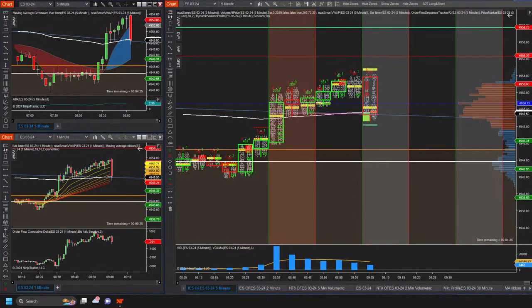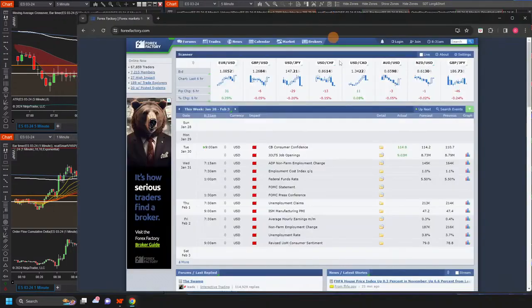Let's see. CB consumer confidence better than expectations on that report, and the JOLTS job openings beat expectations by about a quarter of a million. 903, 1148 on those reports.